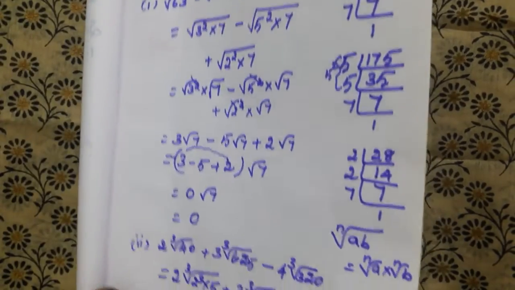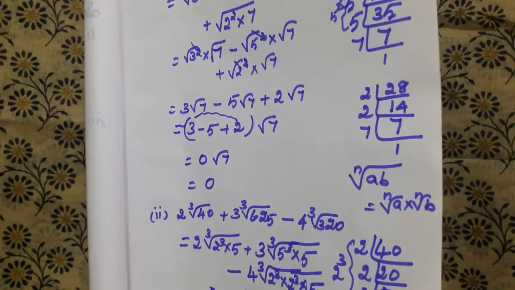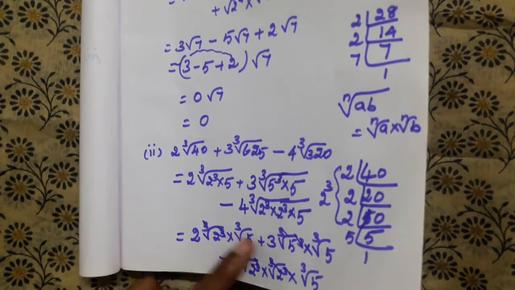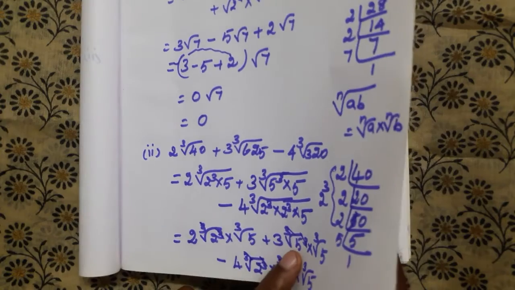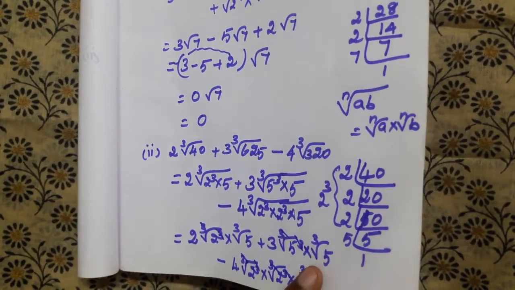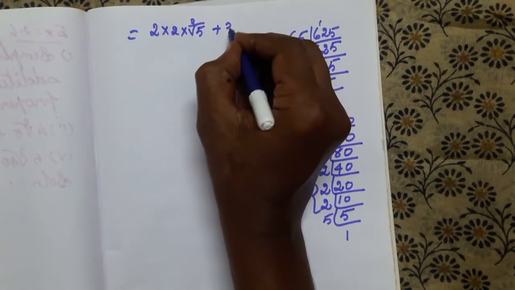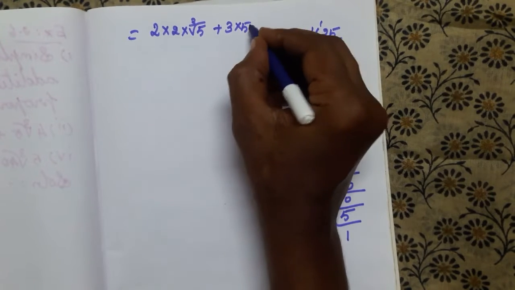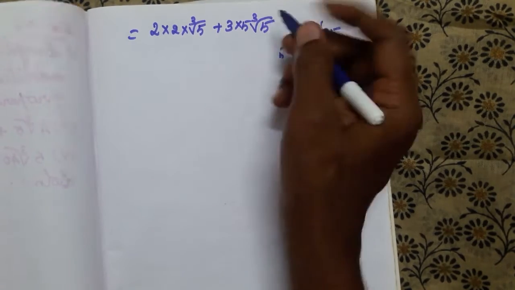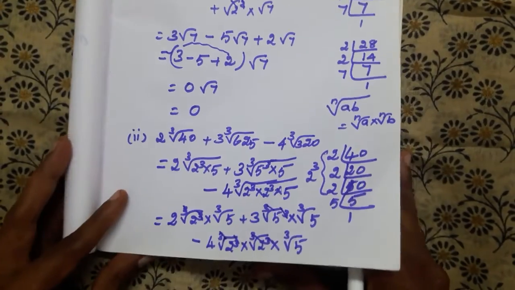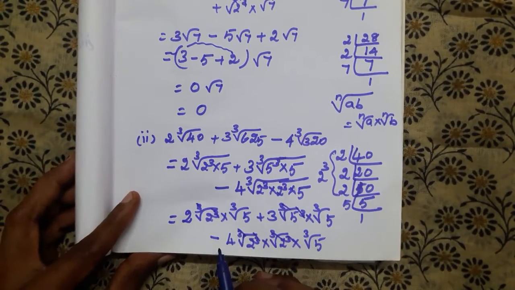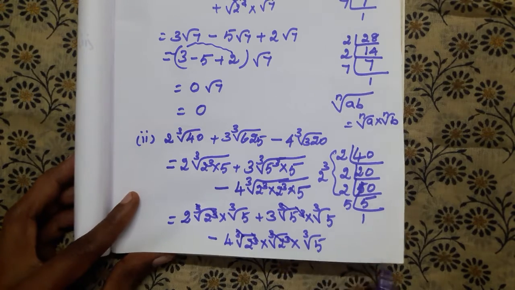Next 3 into 5 into cube root of 5. Next minus 4 into 2 into 2 into cube root of 5.